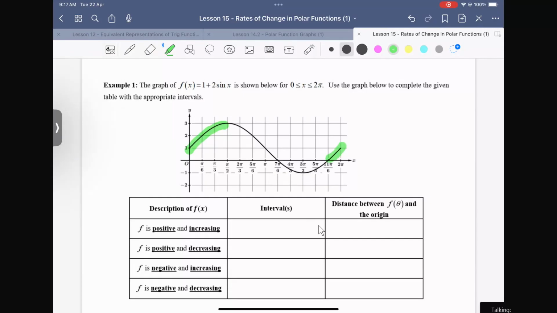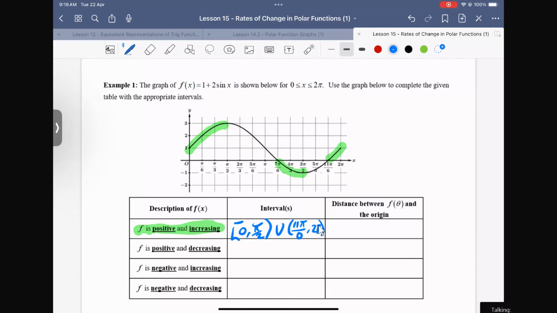So positive and increasing, these first two, gives us an interval from 0 to pi over 2, and from 11 pi over 6 to 2 pi.